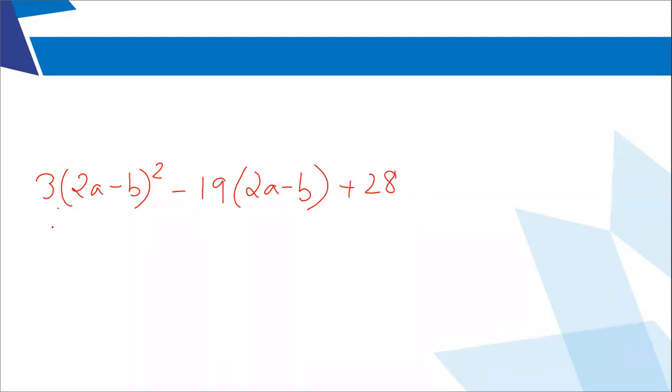I got it. I also got it. Okay, so this time Rohan will tell me. Ma'am, 1 second, just factorizing. Okay. Ma'am, the answer is 3 multiplied by 2a minus b, 3 2a minus b minus 7.